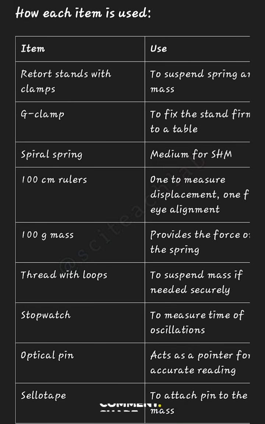Then the mass is to provide the force on the spring, and then the threads is to suspend the rulers, one of the rulers if needed, or even to attach the spring to the mass, could also be that. And then the stopwatch to measure time of oscillations, the optical pin to act as pointer for accurate reading, and the sellotape to attach the pin to the mass. Okay, so I've exhausted all the items in the specimen. All right, let's see what this can bring forth.